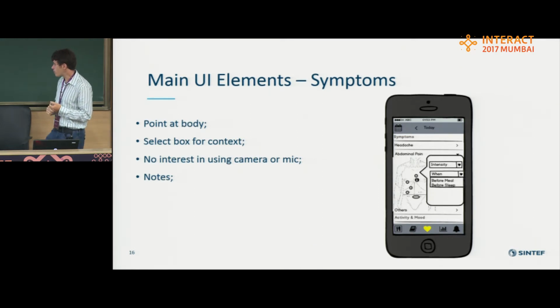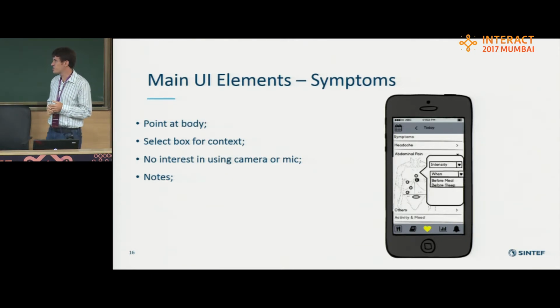For example, for abdominal pain, it was important for doctors to know if it's before the meal or before going to sleep, to try to understand whether it is related to digestion or not. But overall, for symptoms, besides this drawing, a lot could be done with check boxes plus selection boxes for context.